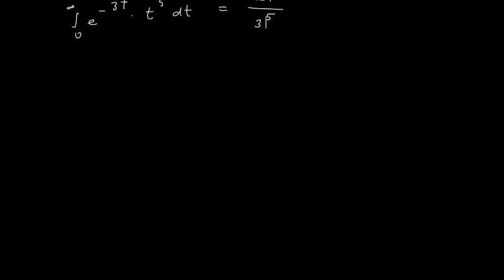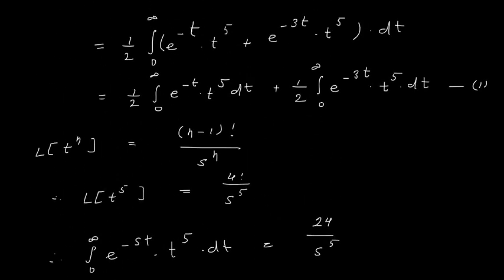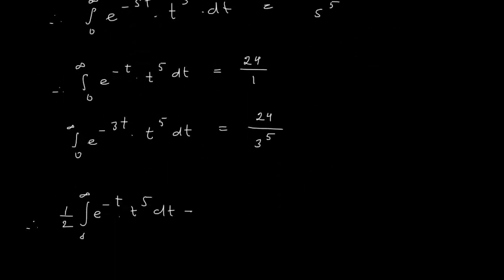So finally, therefore 1 by 2 integral 0 to infinity e power minus t into t power 5 dt, then we have plus sign, plus 1 by 2 integration of 0 to infinity e power minus 3t into t power 5 dt.